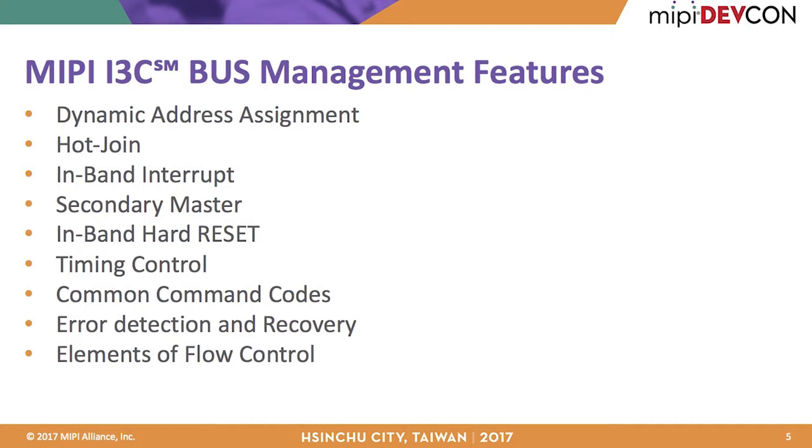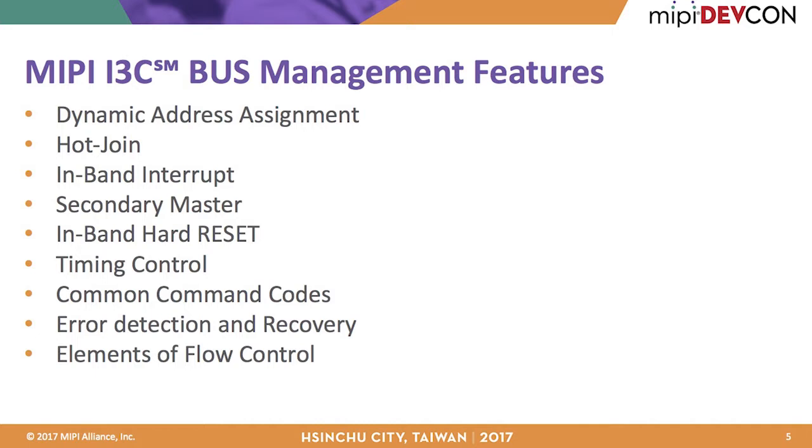The bus is an open bus. It can have hot join devices that will come on the bus, and they can ask permission to join, and they will. For the in-band interrupt, I just said, it's a procedure where any member of this I3C bus instantiation has the possibility to request to transfer some information in the direction of another one.